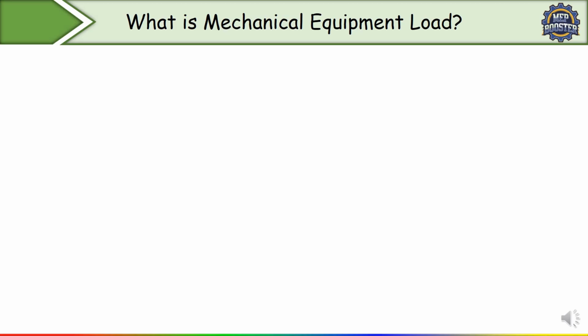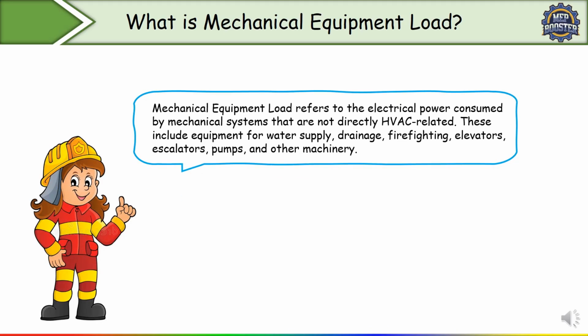Now we'll move to the next. What is mechanical equipment load? It is given here clearly. Mechanical equipment load refers to the electrical power consumed by mechanical systems that are not directly HVAC related. These include equipment for water supply, drainage, firefighting, elevators, escalators, pumps and other machinery.